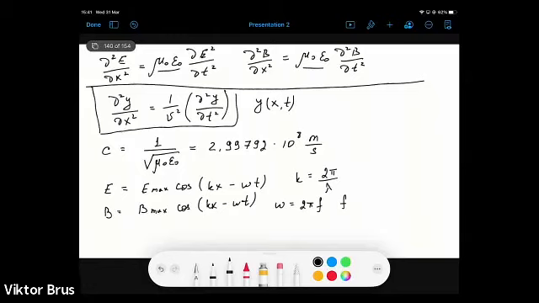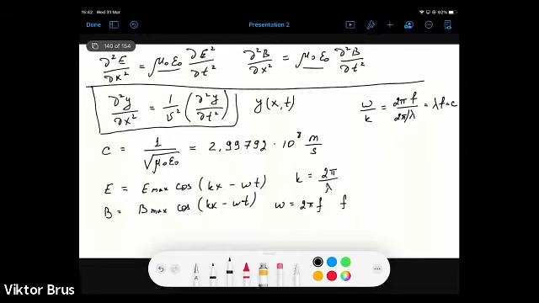What is important to know is that the ratio of angular frequency to wave number, 2 pi f divided by 2 pi over lambda, is equal to lambda times f, and this is equal to c, the speed of the electromagnetic wave.